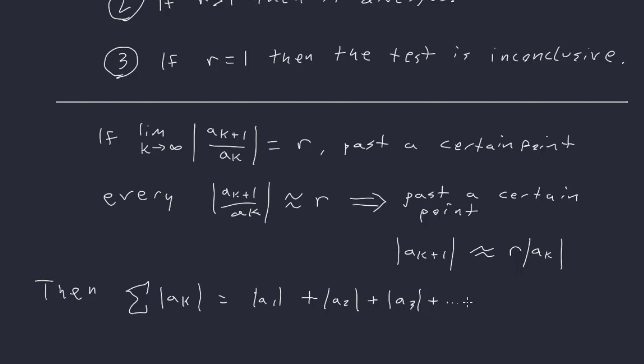Then we'll get to the kth point. Absolute value a_k plus absolute value a_(k+1), absolute value of a_(k+2), and so on and so on.